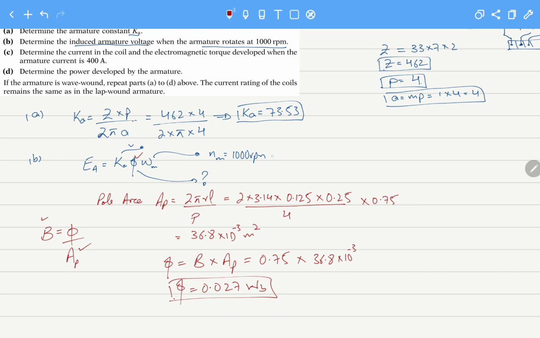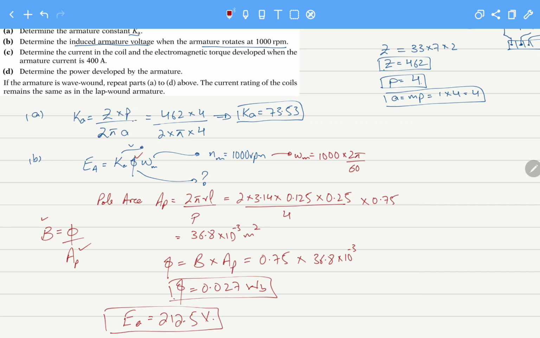If we want to convert the speed to radians per second, what should be the formula? Into 2π over 60. This was the formula to convert this into radians per second. Once you have converted this, we can calculate EA, and EA will be 212.5 volts.